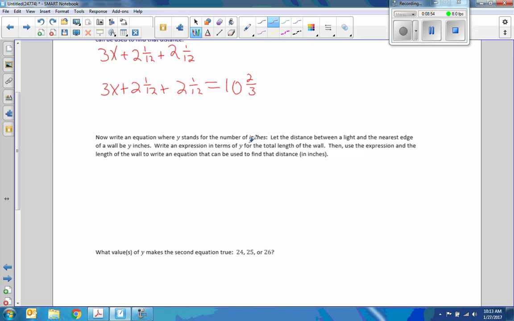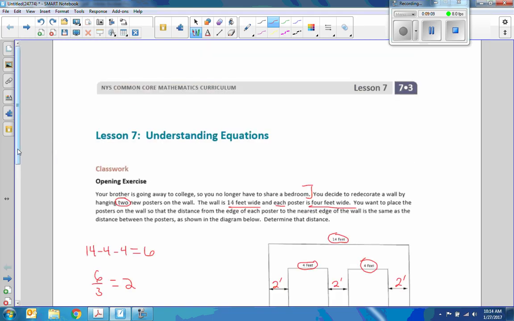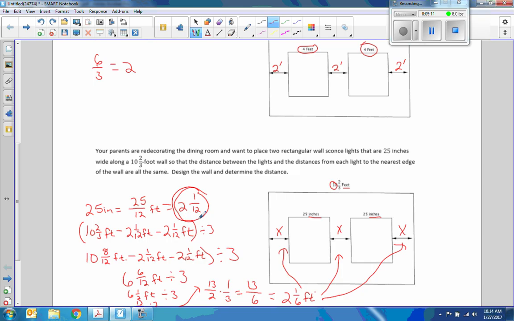Okay? Now to write an equation where y stands for the number of inches for your total length of the wall. Then use the expression of the length of the wall to write an equation that can be used to find the distance in inches. So now we're going to do the same problem, but in inches this time. We're going to use y. So if we go back, this 2 1/12 feet is 25 inches, and we'd have to convert 10 2/3 feet.